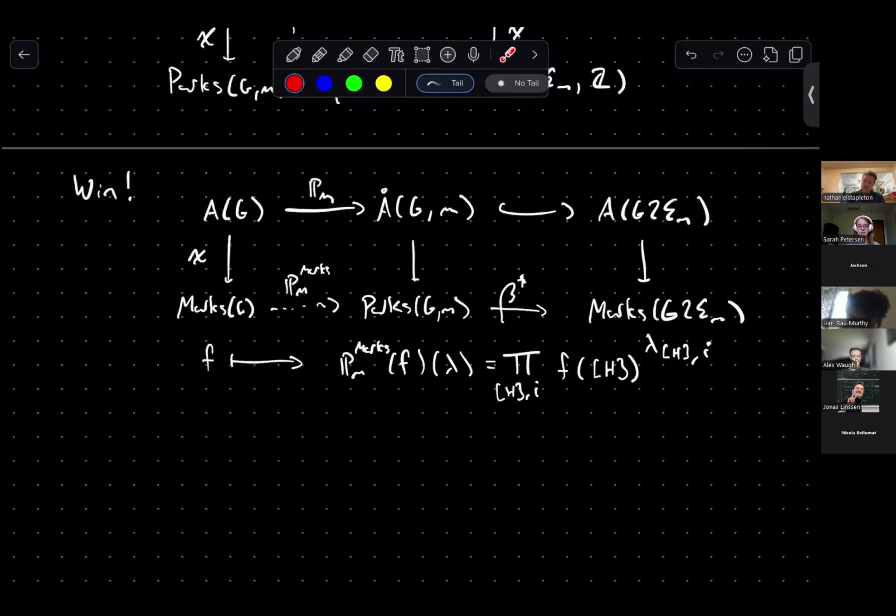The trick is to understand that P^M lands in a small subring of A of G wreath sigma M. This is enormously smaller than this in general, because of course there's lots of conjugacy classes of subgroups in symmetric groups. Notice that that thing has its own character theory, which is very combinatorial in nature. And then this allows you to actually give the formula that you know you want to give for the power operation on the level of Marks.